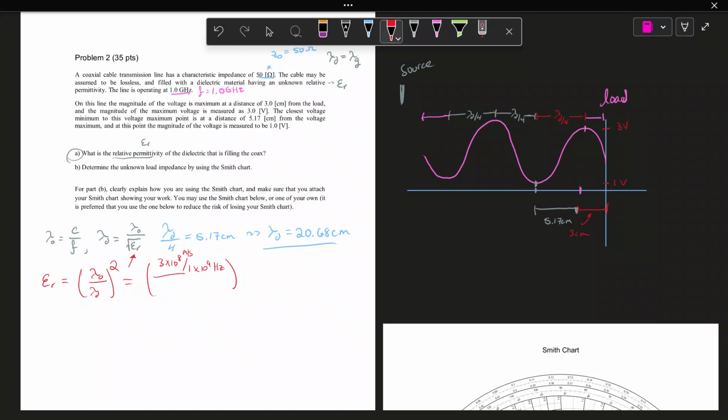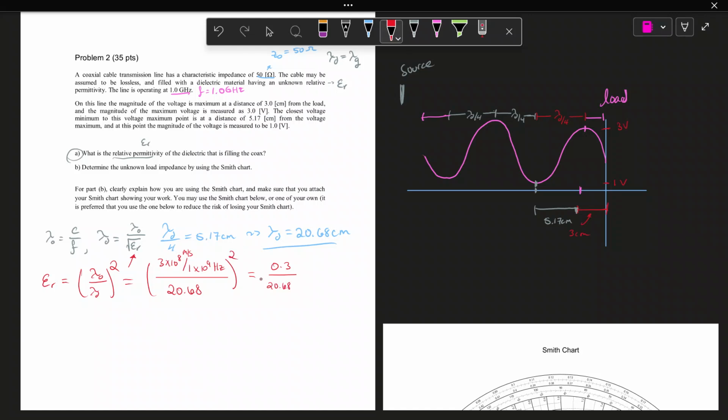The seconds cancel. So we know lambda 0 is this value, and lambda d is 20.68. We have 0.3 over 20.68.